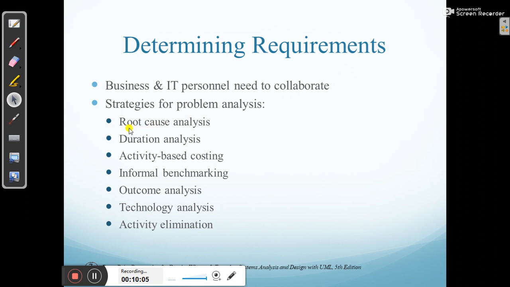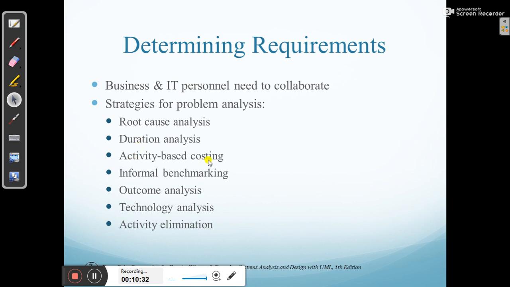We need to analyze the root cause for every requirement. We need to analyze the duration of the requirement, of the work, how the requirement will work, and what time that requirement will need.